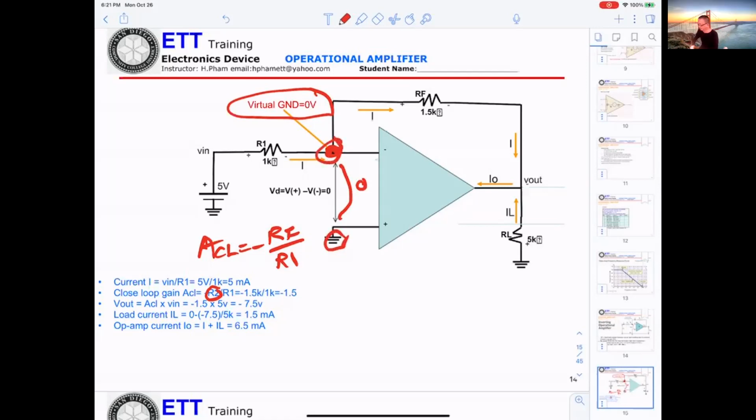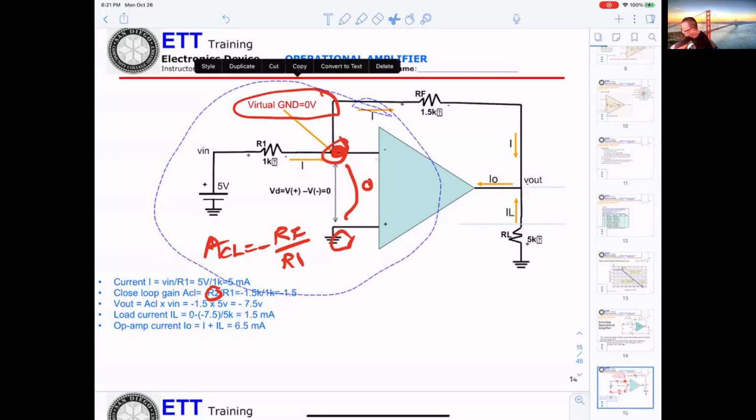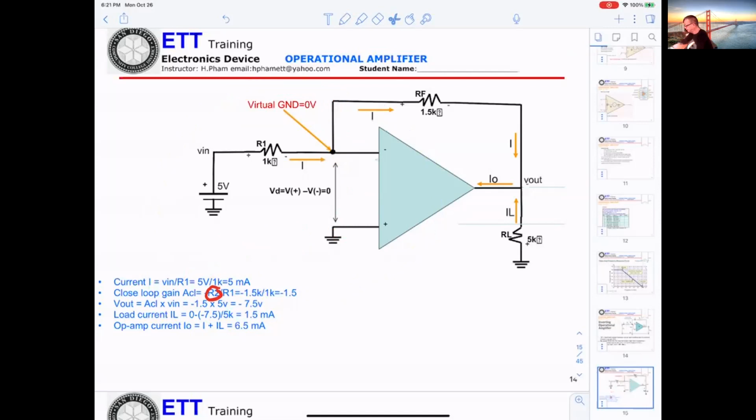That's it. Okay, any question regarding the inverting amplifier?